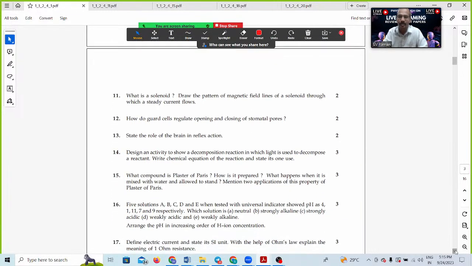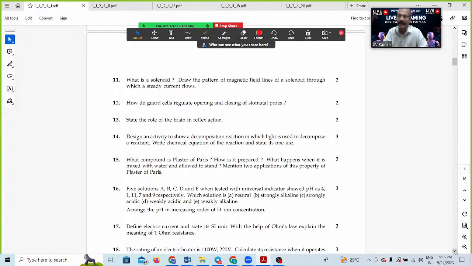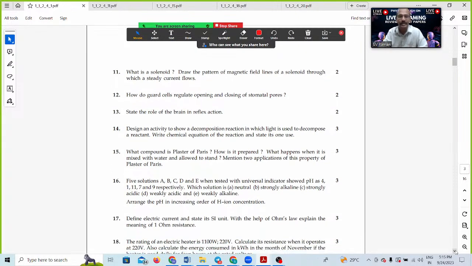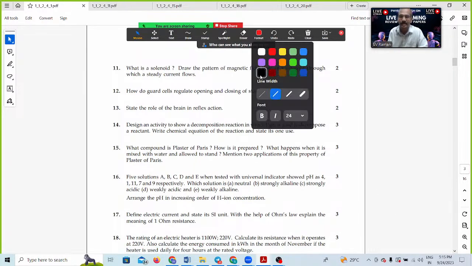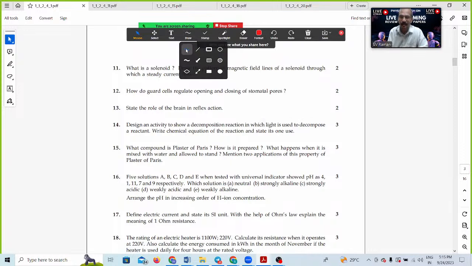Next, what is solenoid? Draw the pattern of magnetic field lines of a solenoid through which a steady current flows. So what is solenoid? How to write the answer? Put the heading of solenoid. What is solenoid?